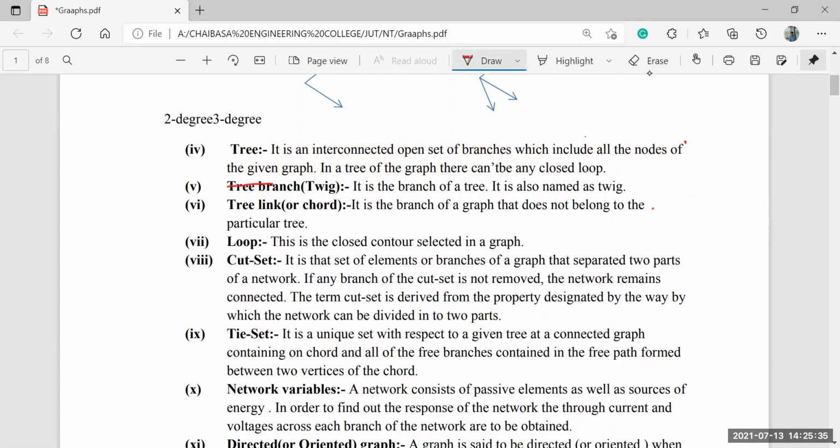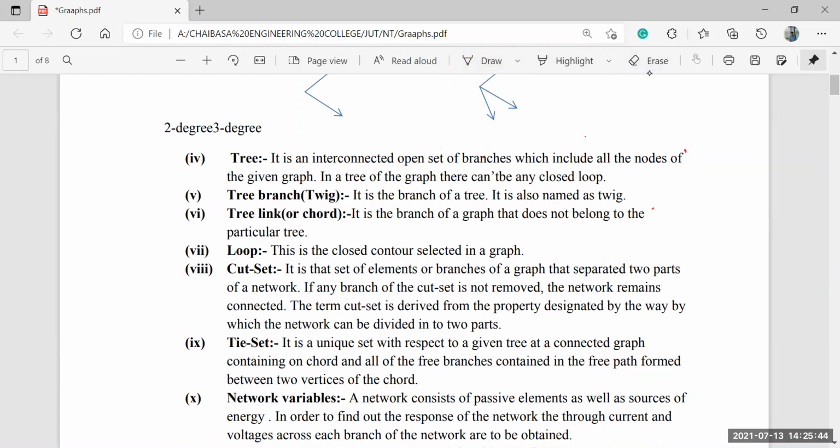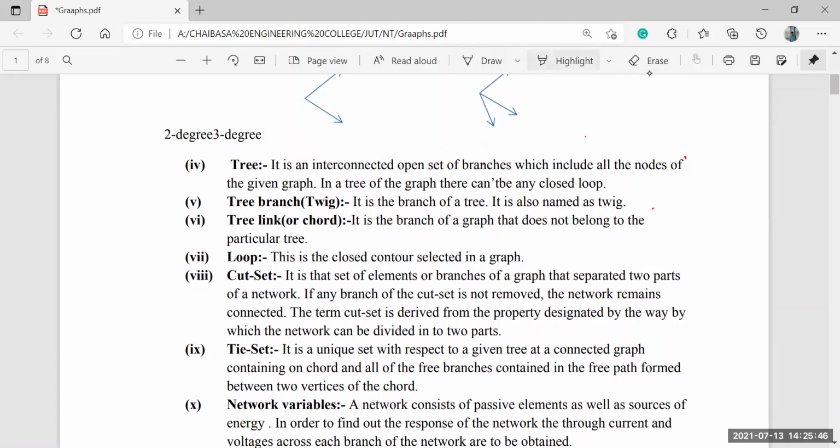So what is a tree branch? It is also called a twig. A tree branch or twig is a branch of a tree.